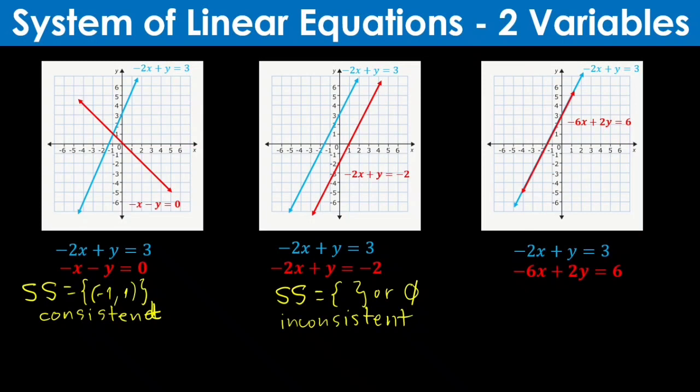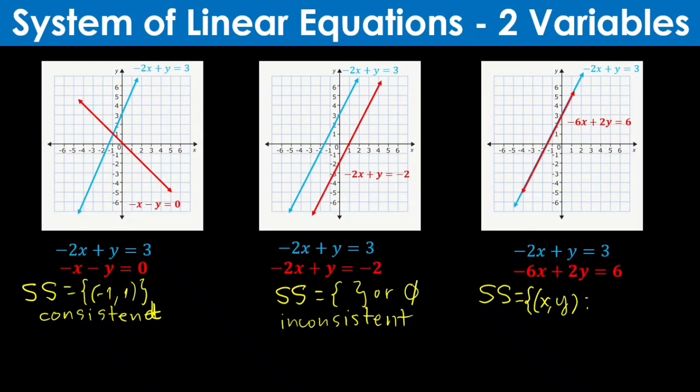The third one, we have the coincidental lines. All the points are shared with each other. So the solution set of this one is infinitely many, which is all the points of the line. That is, the points x, y that satisfy any of these lines.